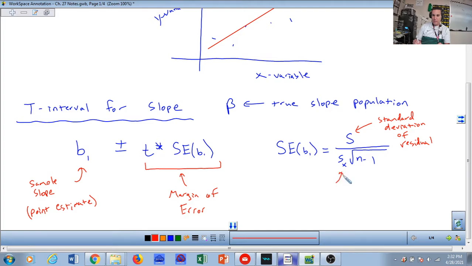And then this is the standard deviation of just the x variables. And then this is your sample size. So that will give you the standard error of the slope.